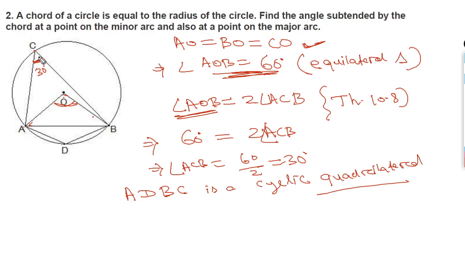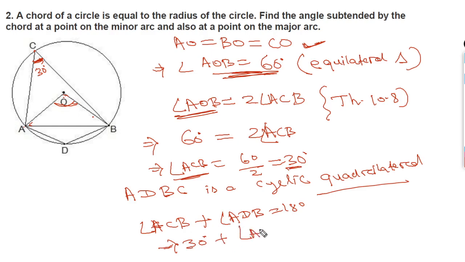Theorem 10.11, according to theorem 10.11. So we can say angle C, or you can say angle ACB, plus angle ADB will be equal to 180 degree. Implies, you know the value of angle ACB, that is 30 degree. So you can write 30 degree plus angle ADB is equal to 180 degree.